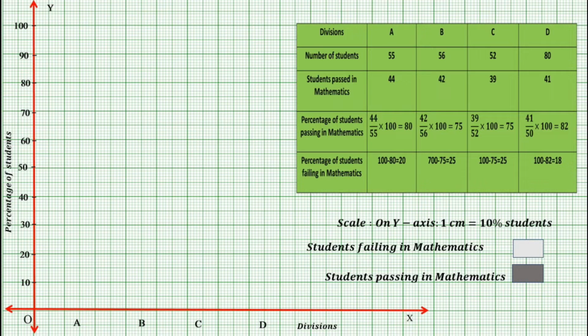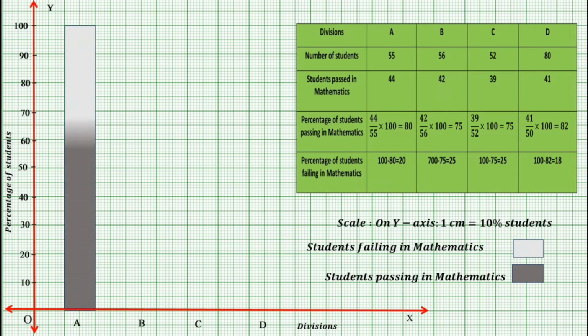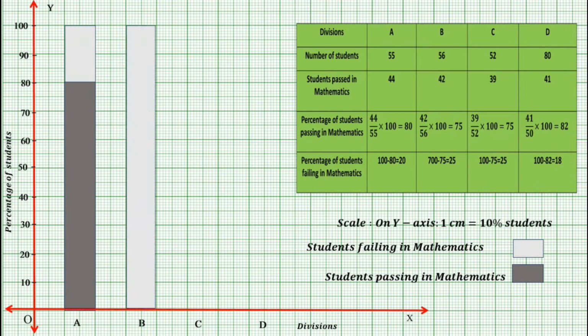First of all, in A division, this one is up to 100%. Now what is the percentage of passing of students? You will see here that 80% students passed. Now in B division, what is the percentage of passing? There are 75% of students passed in B division.